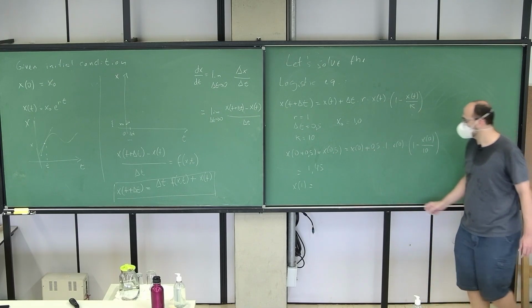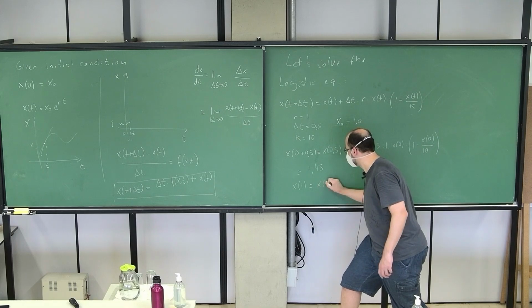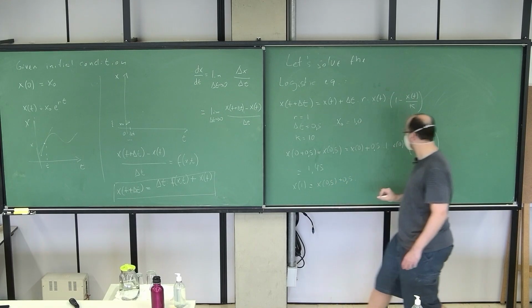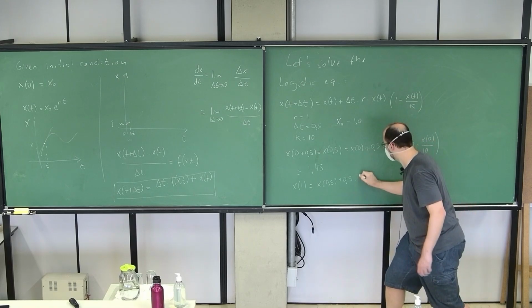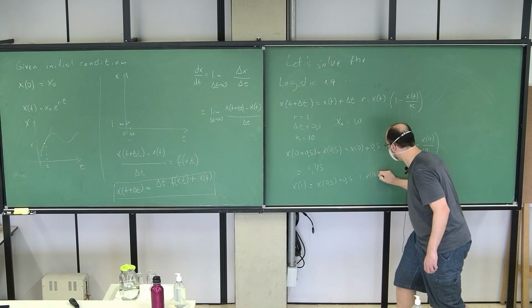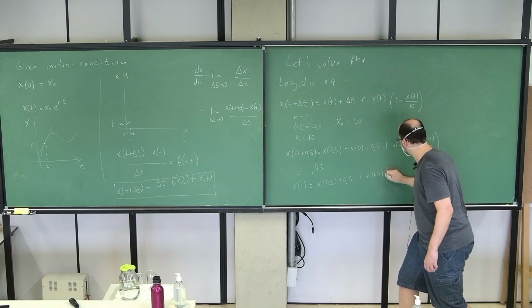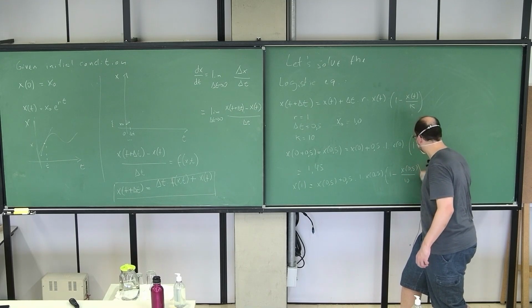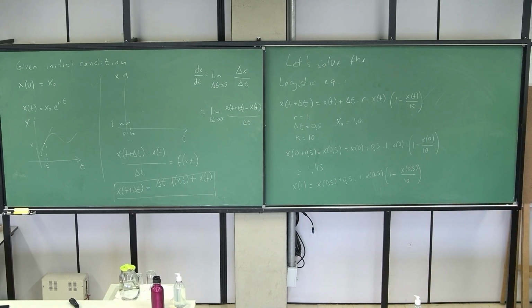So this is x of 1/2 plus half times 1, that is r over here, times x at half, times 1 minus x at half divided by 10.